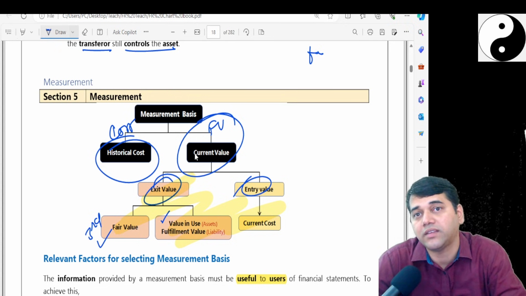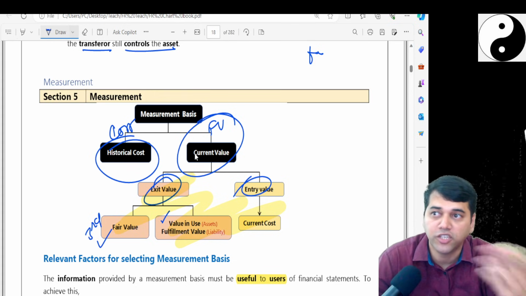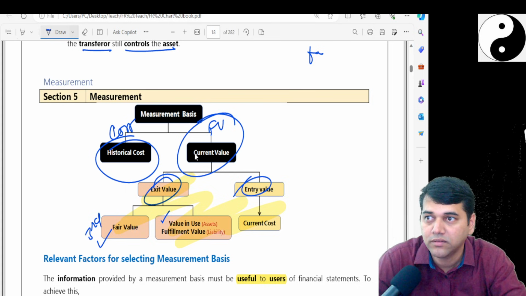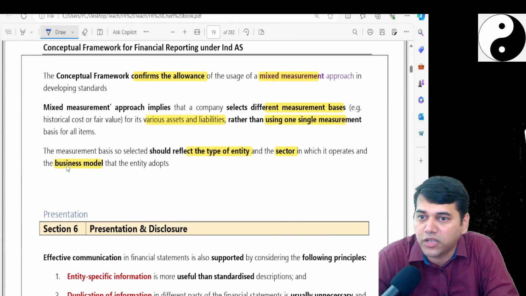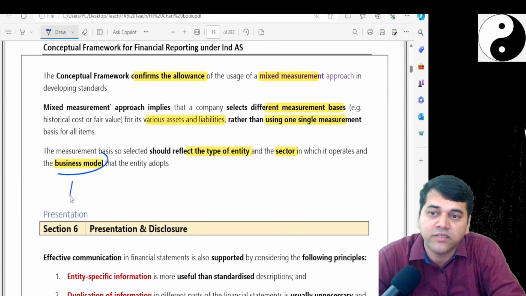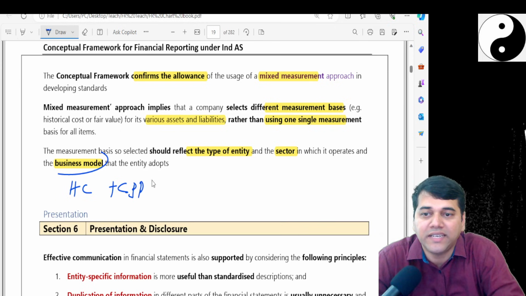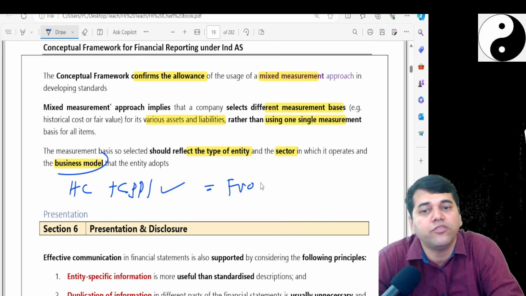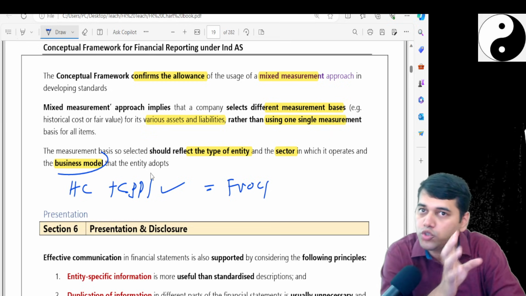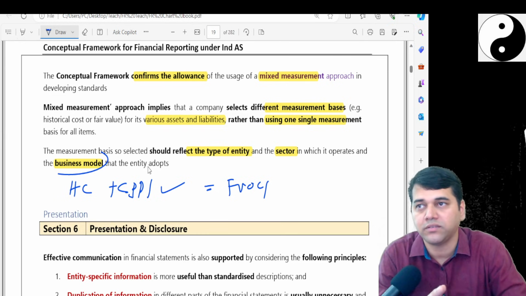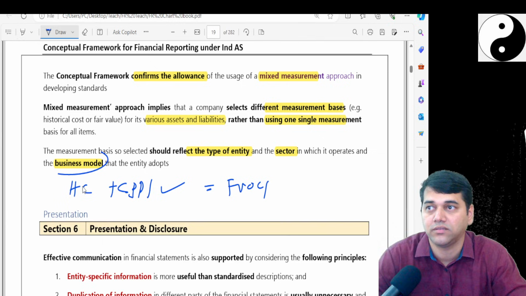Is it okay that some assets are at FVOCI, some debt instruments at FVTPL? That is mixed measurement, and that depends upon your business model, no? If your business model is held to collect plus SPPI test is passed, you say FVOCI. So when you choose any measurement basis, keep your business model in mind also. What are your practices?